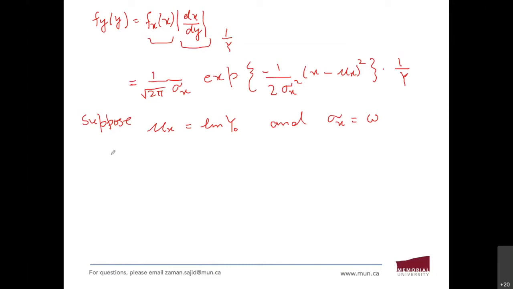So this implies that x minus mu of x will be equal to natural log of y minus natural log of y naught. Now this is the log property again. We have two log terms being subtracted, so we take natural log and we use the division here: y over y naught.